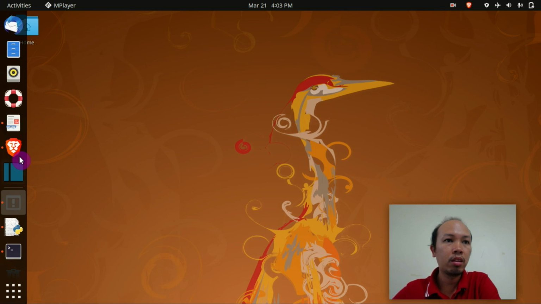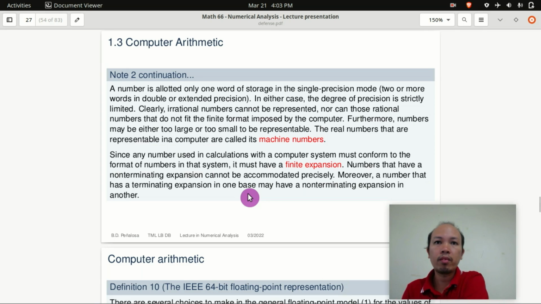So it says here also a number is allotted only one word of storage in a single precision mode, 2 or more words in double or extended precision. As I've said, if you are using a single precision mode, you are using a 32-bit operating system, and if you are using a double precision mode, then you are using the 64-bit operating system.